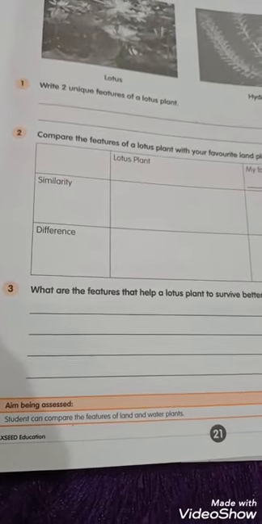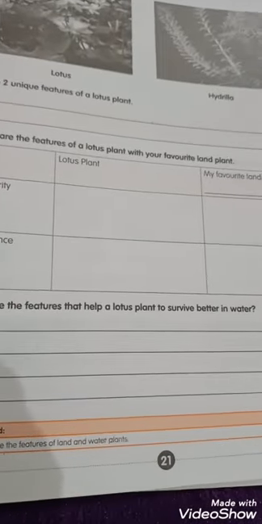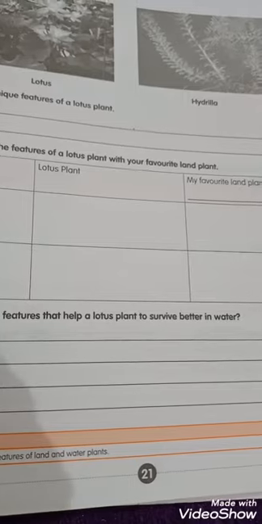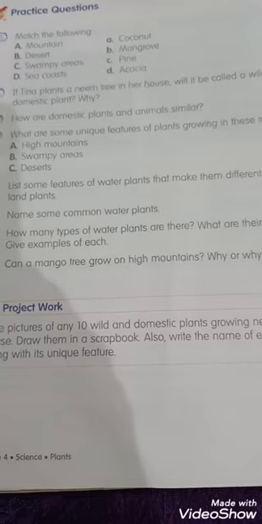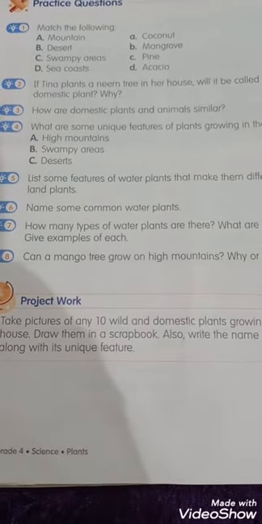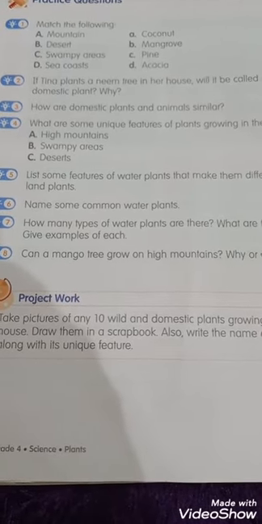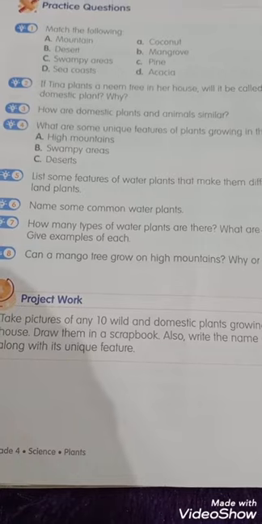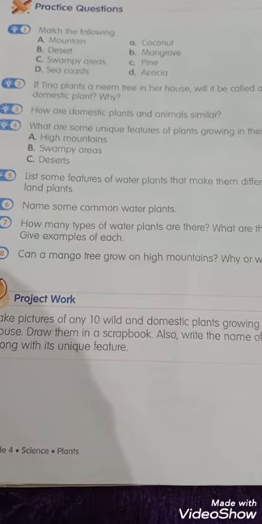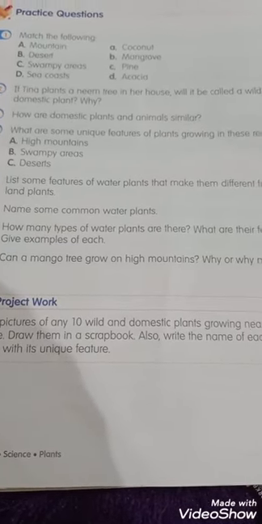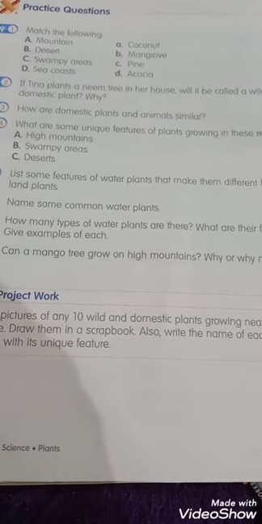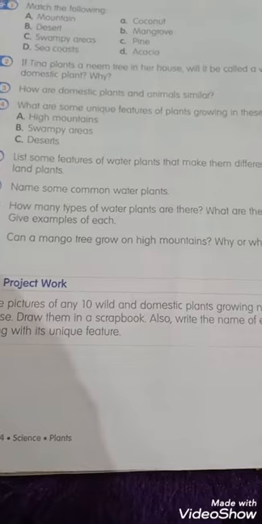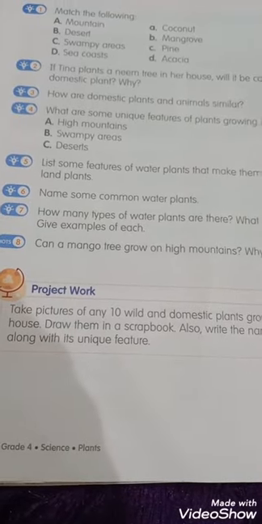Next, what are the features that help a lotus plant to survive better in water? Do question number 5 and 6 of page number 18. Question number 5 is, let's list some features of water plants that make them different from land plants. And the second question is, name some common water plants.